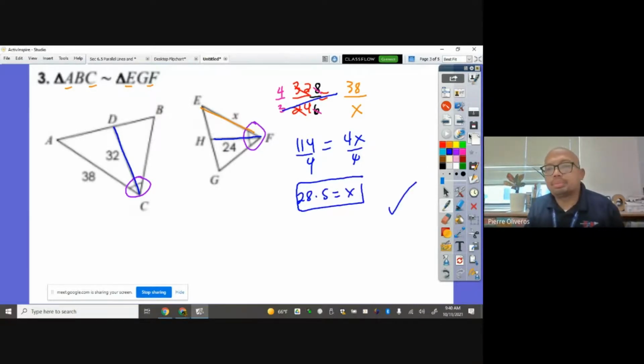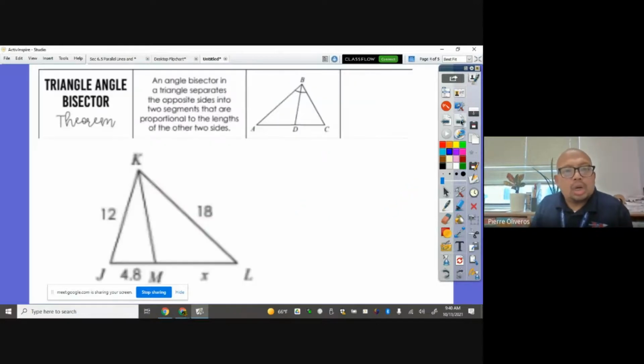Kaboom. Next, the triangle angle bisector theorem. We know the angle bisector cuts the angle into equal parts, but the triangle angle bisector theorem says that an angle bisector in a triangle, this is the angle bisector, separates the opposite side, AD and CD, into two segments that are proportional to the length of the two other sides. So the two other sides are the X and the Y here.